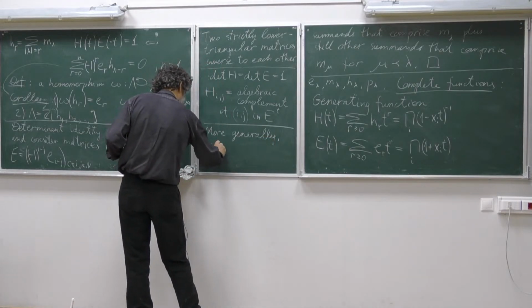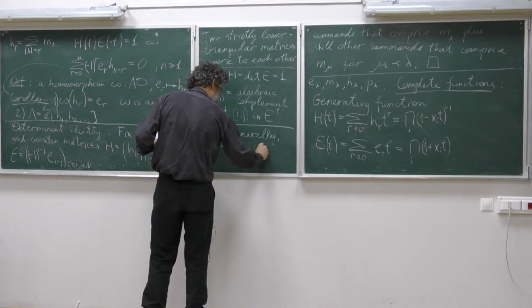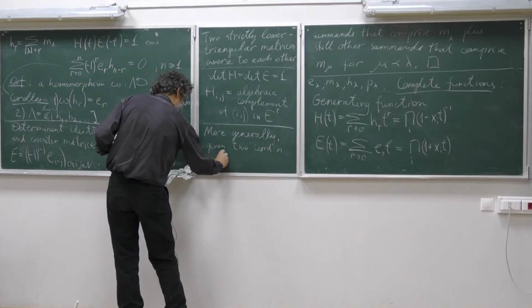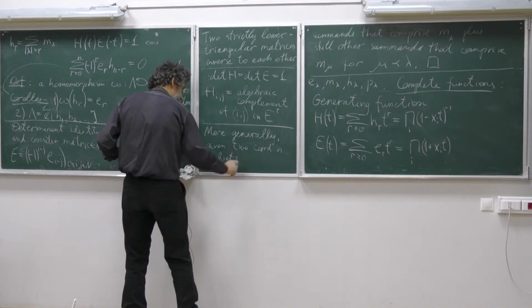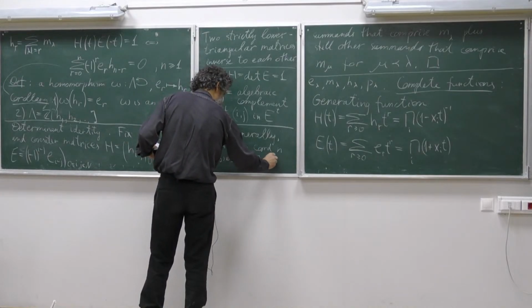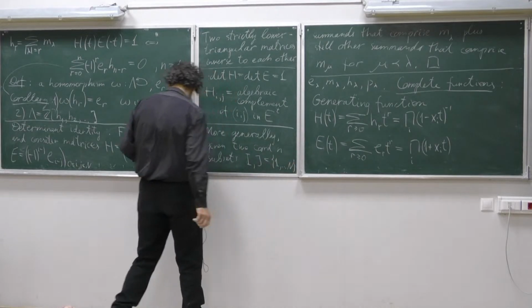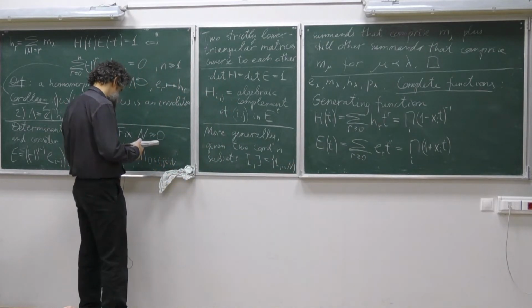Given two cardinality n subsets, like capital I, capital J, of our indices.